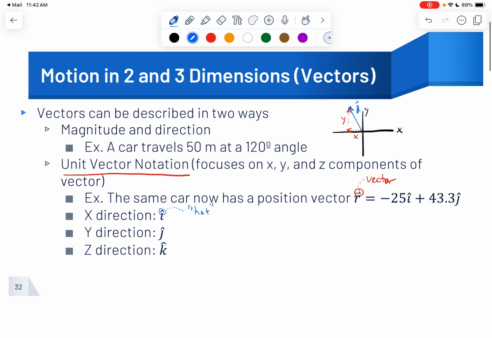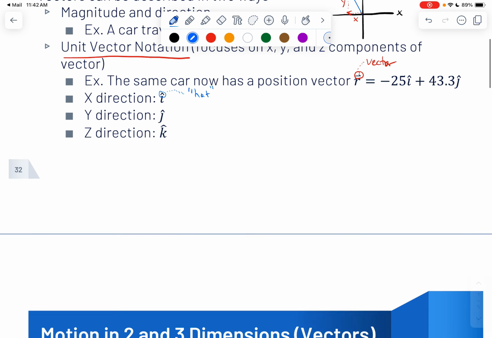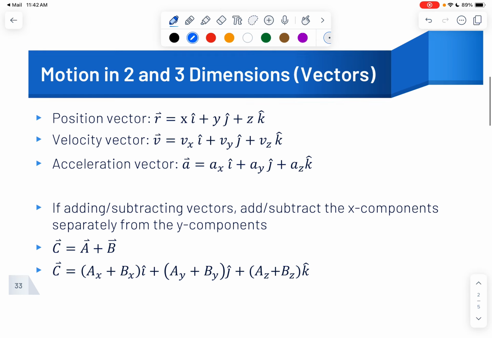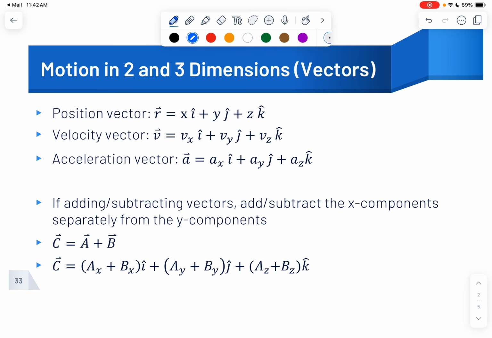When we think about these vectors, the ones we'll have for this are our position, or also our displacement vector. Basically what we are showing is how far we've gone, with some numerical value for our x direction. Again, we use the i hat vector to signify x direction.